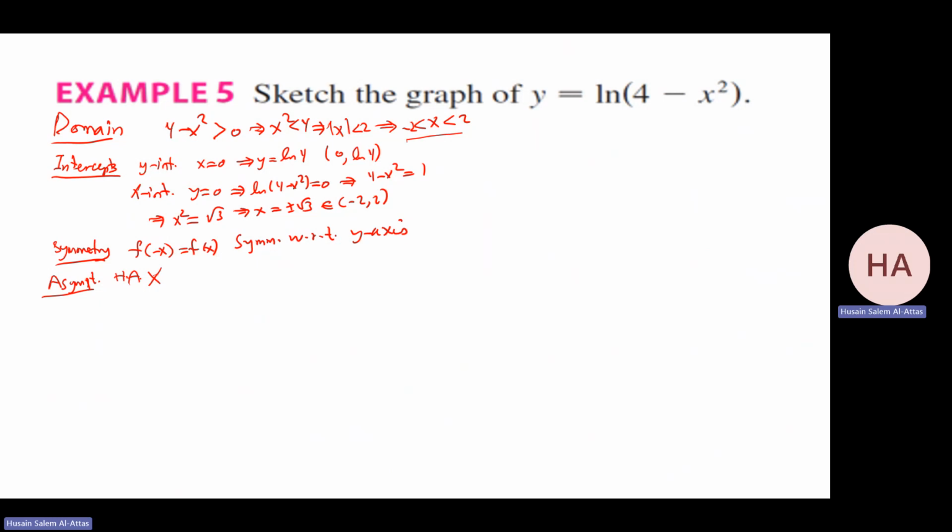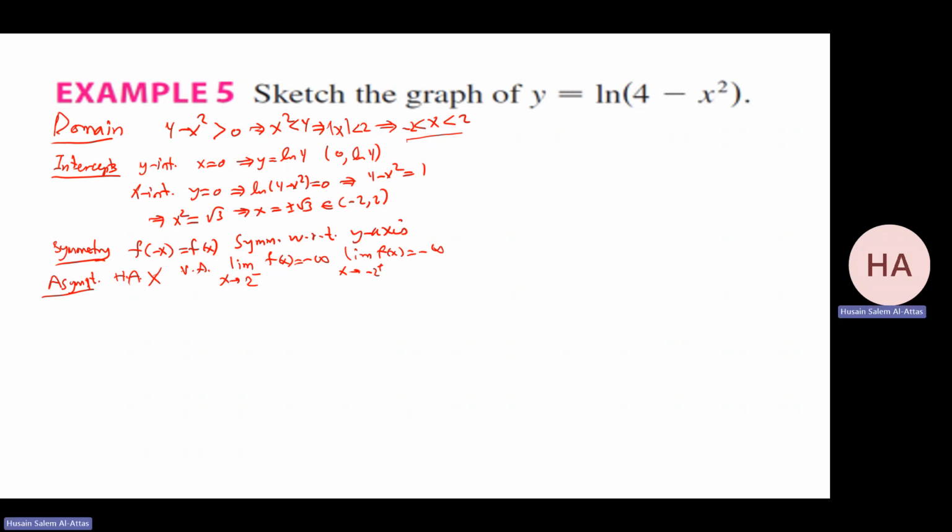Vertical asymptotes, I can check at 2 and -2. For sure there is, because as the argument goes to 0, the function goes to minus infinity. So if I check at 2, the limit as x goes to 2 from the left gives minus infinity; from the right, the value would be more than 4, so it's not defined. And the limit as x goes to -2 from the right of f of x, also I'm getting minus infinity.